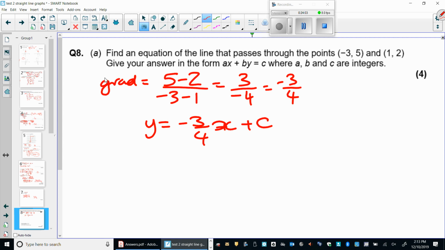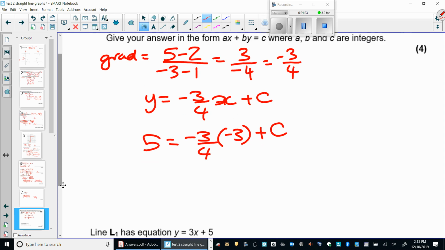Does it matter which of these coordinates you use? No, you can use either. So 5 equals negative 3 over 4, times negative 3, plus c. Good.